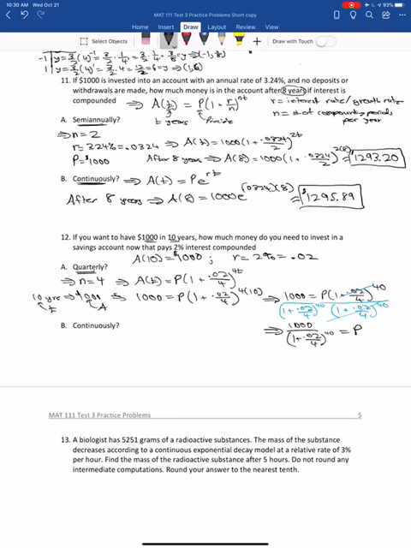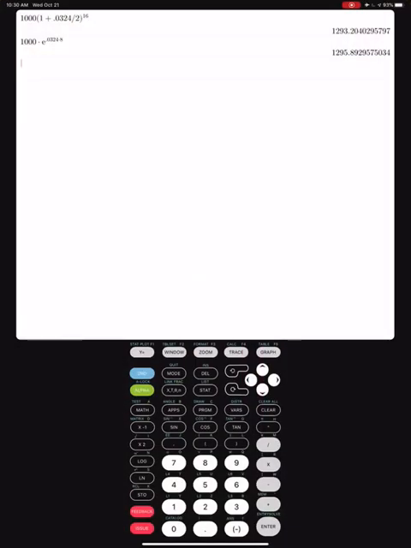So let's see what that will give us on this problem. Type it in. So 1,000 divided by 1 plus 0.02 divided by 4, raised to the 40th power there in the denominator.